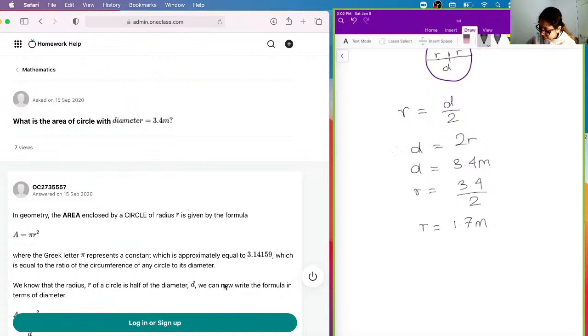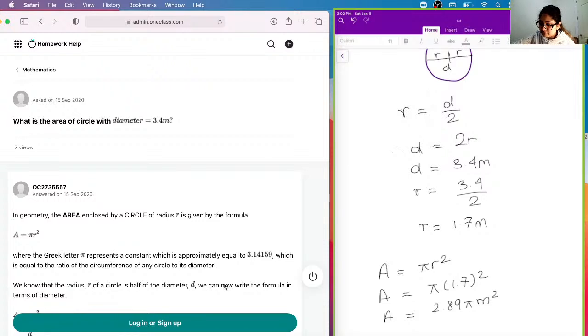So we can substitute this into our equation where A is equal to pi r squared, and so A is equal to pi times 1.7 squared. So this is basically 2.895 meters squared.